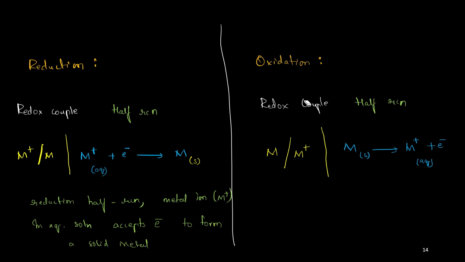Whereas the oxidation half reaction, here the same thing. A solid metal loses an electron to form a metal ion in aqueous solution. So here the aqueous metal ion takes up the electron and converts into solid metal. Here the solid metal loses the electron and converts into aqueous metal ion. Okay, so this is the aqueous metal ion, this is a solid metal.